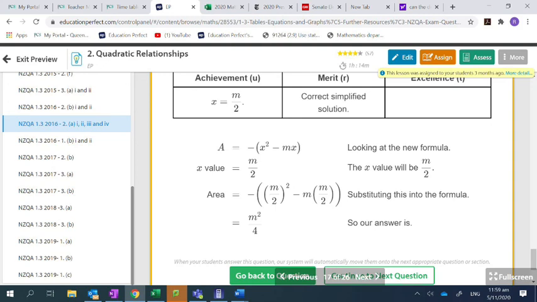So if it's x squared minus mx, they both have an x in them, so factor that out.